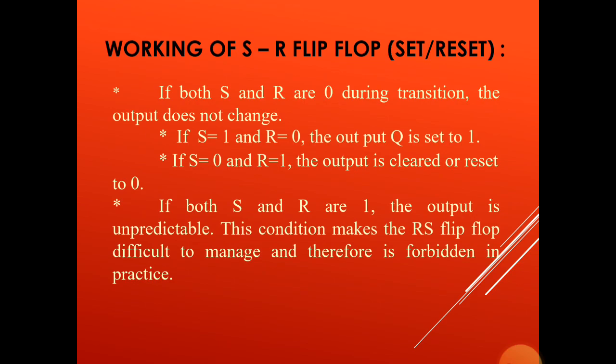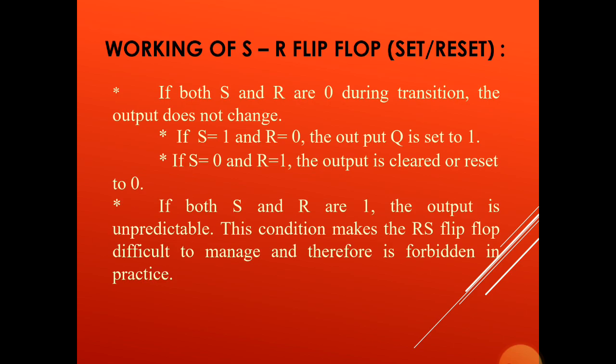Generally we will use JK and T flip-flops, which include the toggle mode, for analysis and design of sequential circuits. So for the RS flip-flop, S equal to 0 and R equal to 0 is called the no change condition. S equal to 1, R equal to 0 is called the set state, and the output Q is equal to 1.